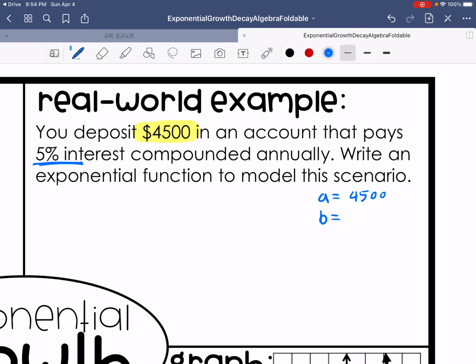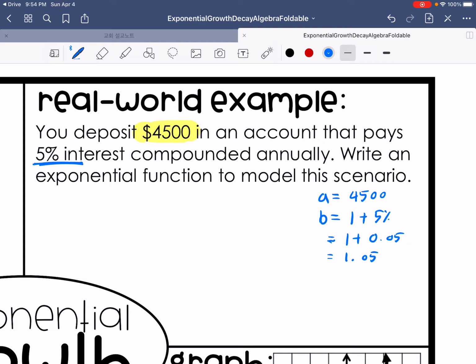Now, if you see percentage, like percent, you always have to do 1 plus because it's gonna increase, right? So you gotta do 1 plus 5%. Now, how can we change percent into decimals? 5% is 0.05. So our base in this case is gonna be 1.05.